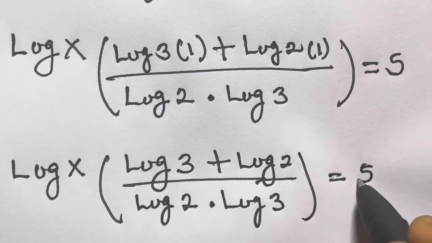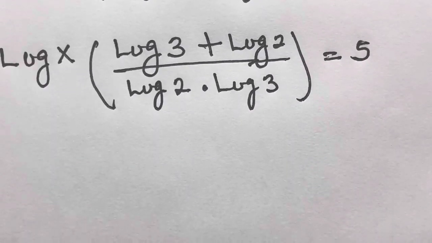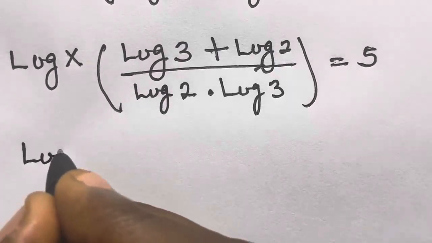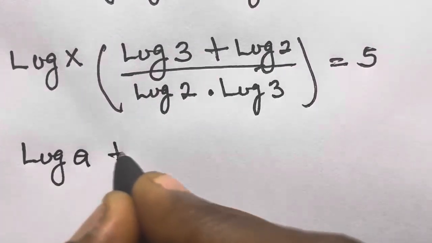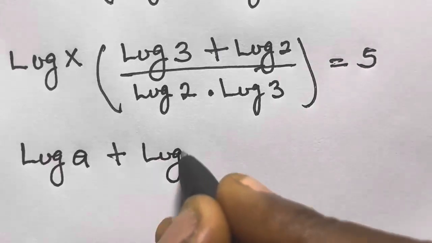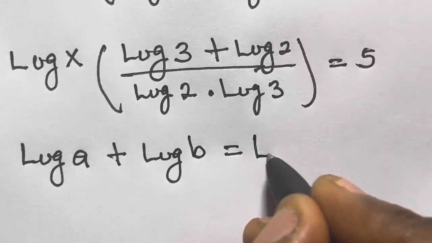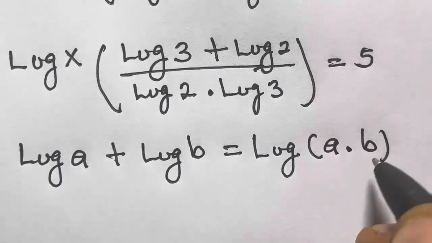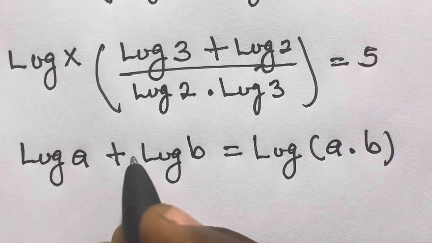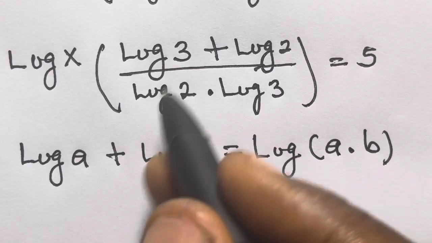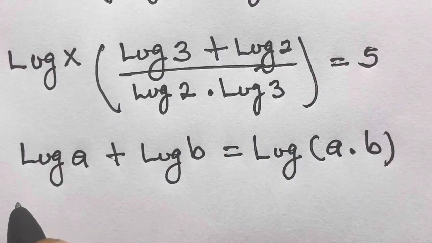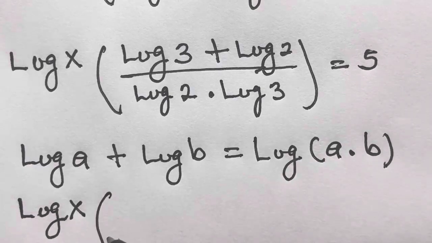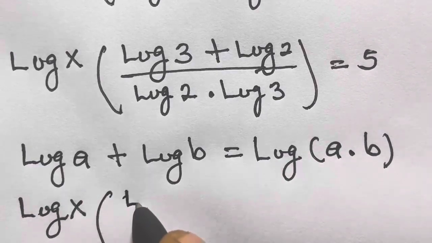equals 5. From here, let's also recall that when we have log a plus log b, this is equal to log of a times b. So the above will become log x, then bracket log.